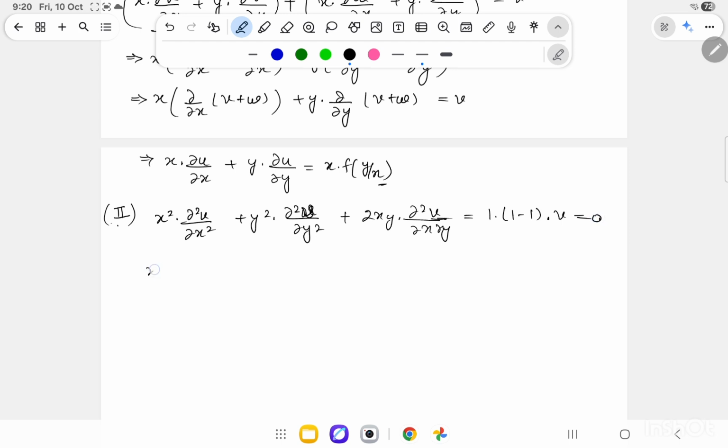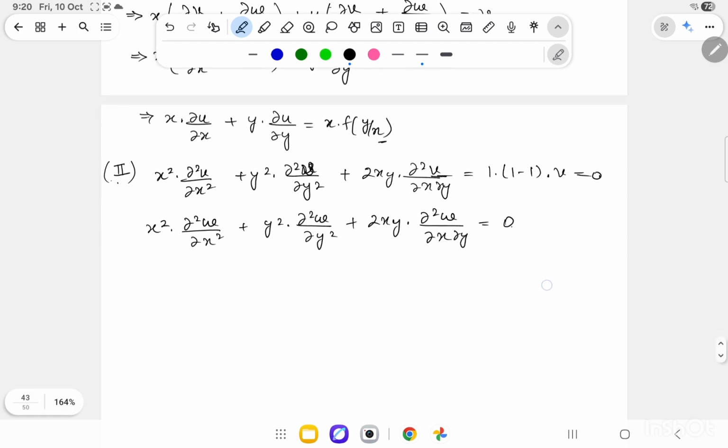Likewise, if we apply it on w as well, we'll get x square into del square w by del x square plus y square into del square w by del y square plus 2xy into del square w by del x del y equals n into n minus 1 times w, but our n for function w is 0, so it is also 0.